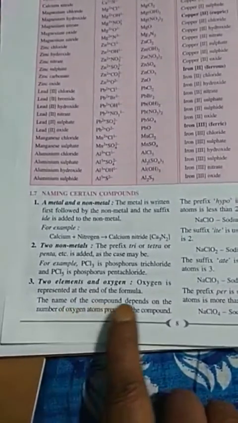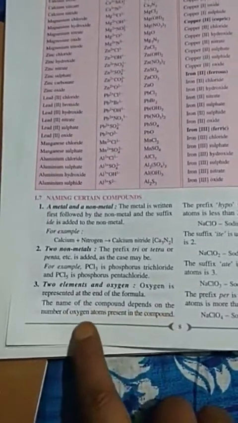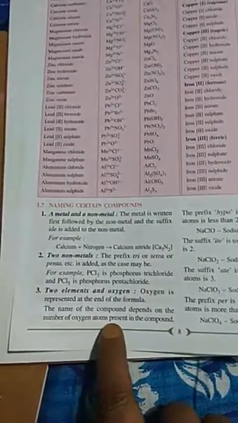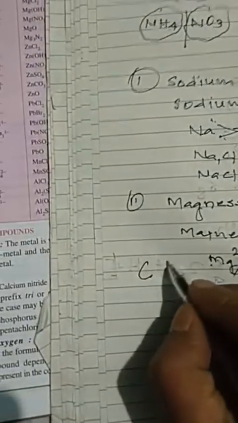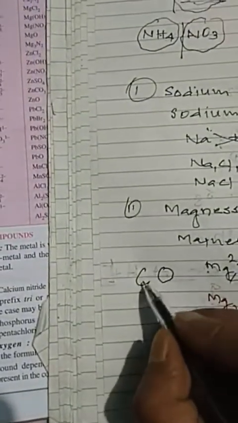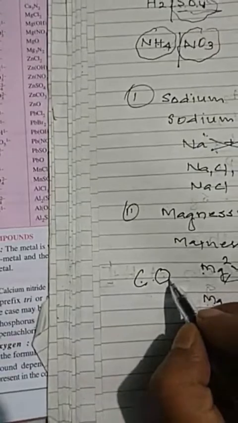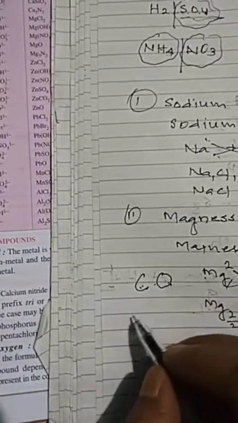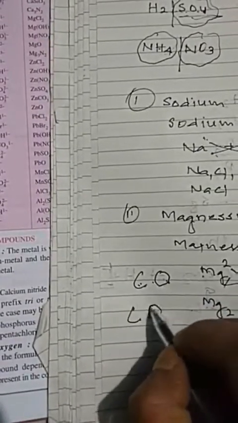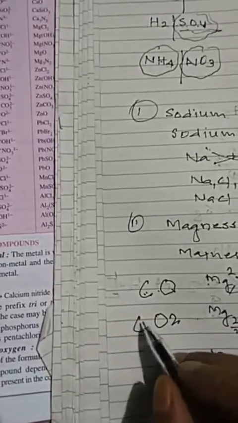But here the question is, the name of the compound depends on the number of oxygen atoms present in the compound. If there is one carbon and one oxygen, it will be carbon monoxide, but if carbon is 1 and oxygen is 2, it will be carbon dioxide.